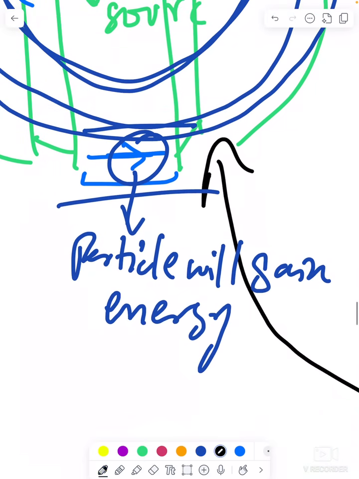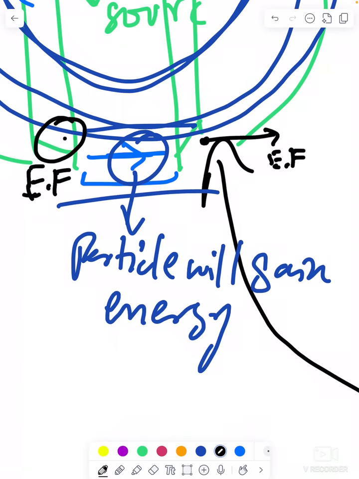The PD over here, or the magnetic field over here, when it's over here, it will be a field which accelerates this particle.